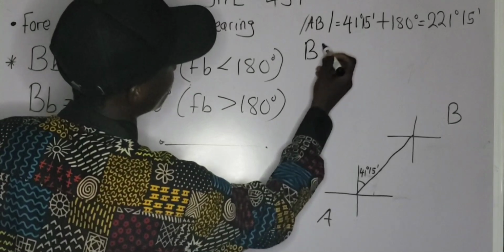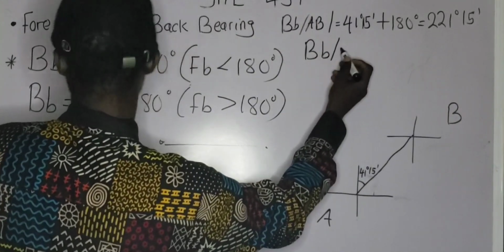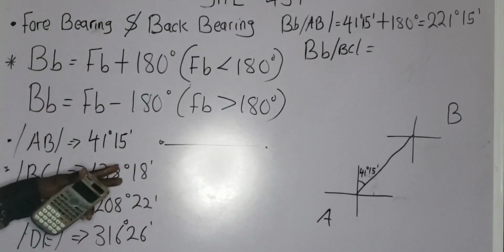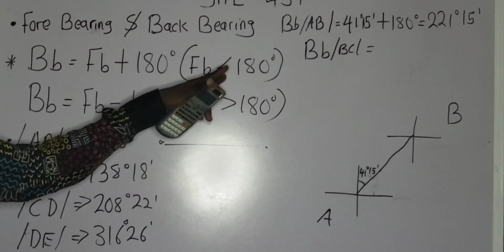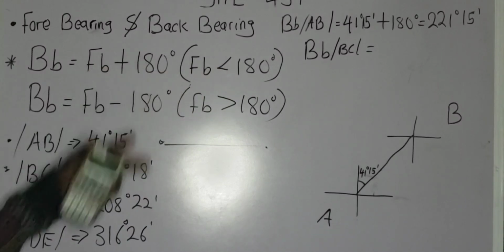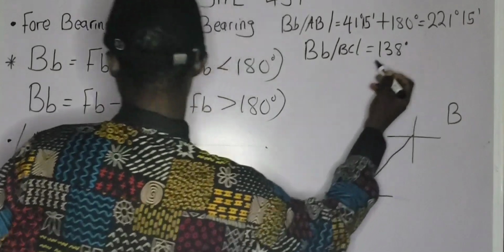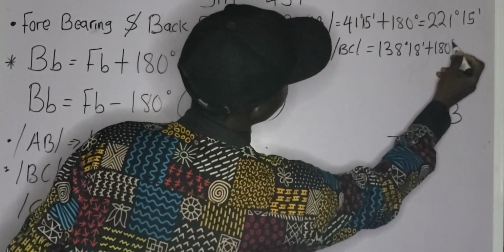The back bearing of line BC is what? Now 138 degrees and 18 minutes is also less than 180 degrees. So I'm going to use this formula, which is Fore bearing plus 180 degrees. Now we're going to add 138 degrees and 18 minutes plus 180 degrees.